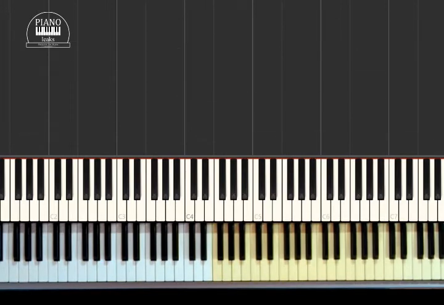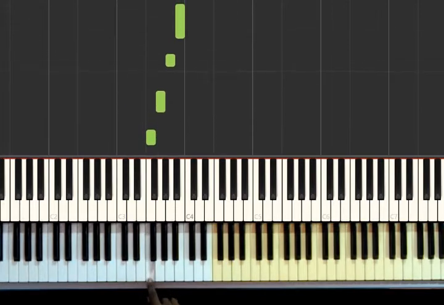You are expected to know the names of all the keys on the keyboard. The natural keys, C, D, E, F, G, A, B, and it repeats throughout.